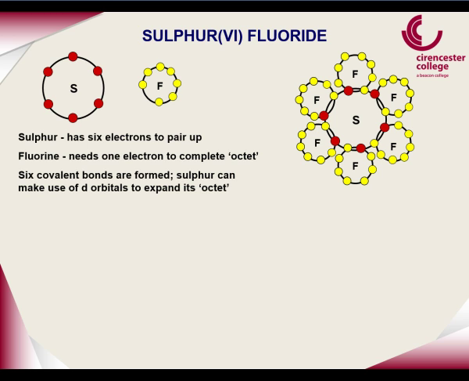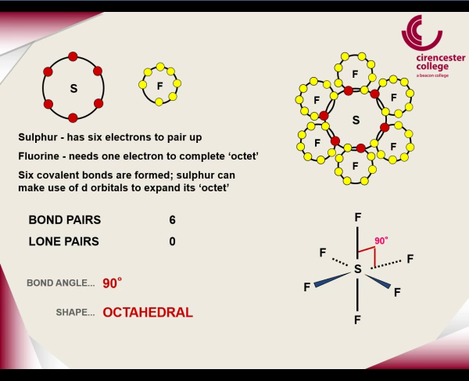The only way to get the 6 fluorine atoms around the central sulfur is by going for an octahedral shape. We have 6 bond pairs, no lone pairs. All the fluorine atoms are at 90-degree angles. 4 of them are equatorial, 2 of them are axial, and we call this shape octahedral.